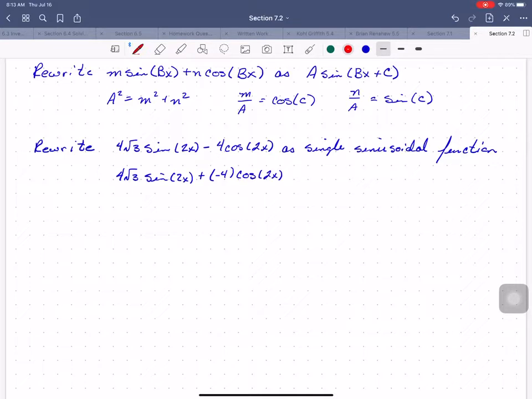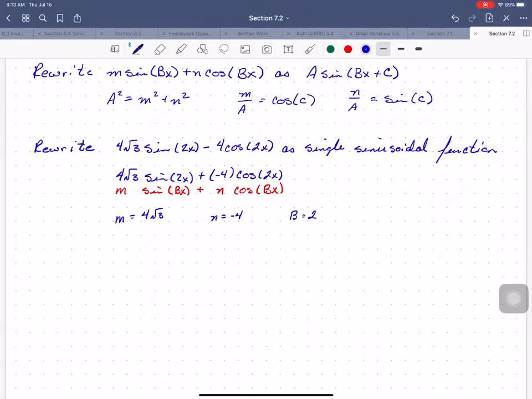And I'm matching that with my m sine bx plus n cosine bx. So this only works when your two waves have the same period. All right, so what I know here now is that m equals 4 times the square root of 3, n equals -4, and b equals 2.